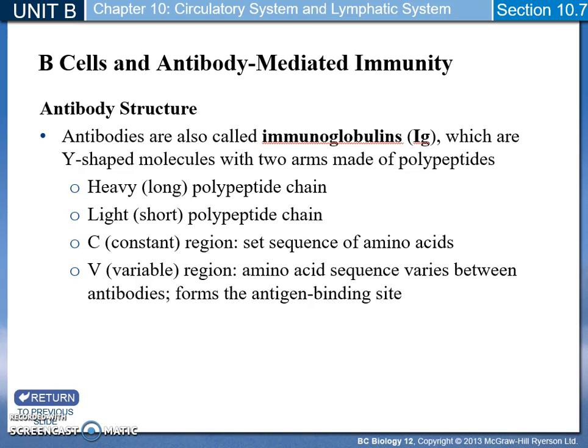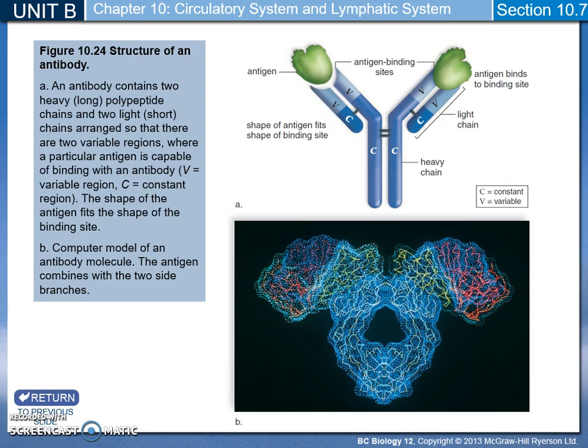So the variable region would differ from antibody to antibody, and this would be the amino acid sequence between the antibodies to form the antigen binding site. So each one differs in that regard for a specific antigen.